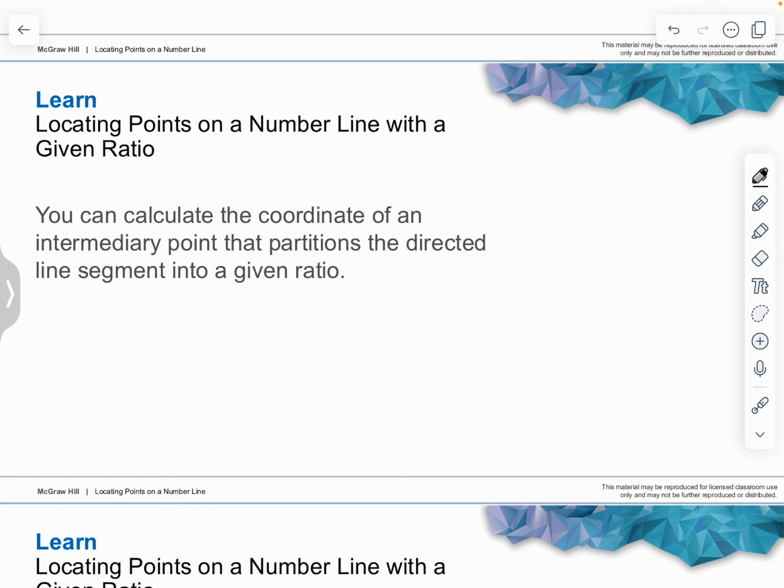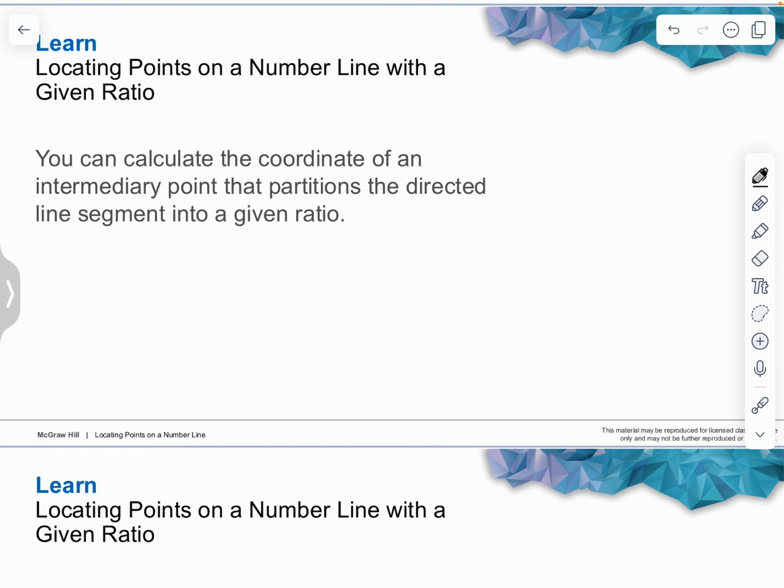Okay, now we're going to try this on the coordinate plane. You can calculate the coordinate of an intermediary point that partitions the directed line segment into a given ratio. It's a lot of big words.